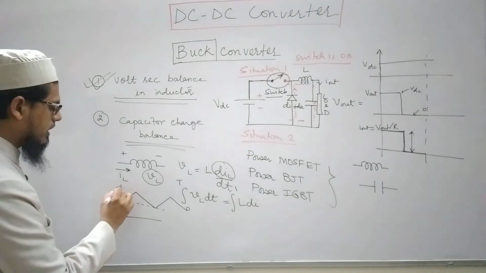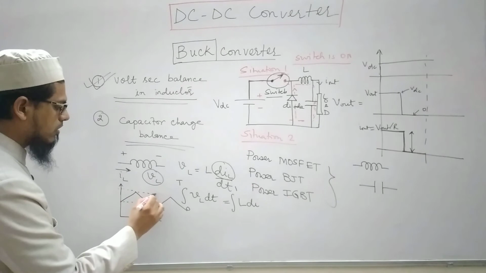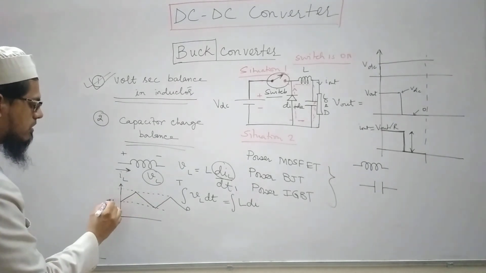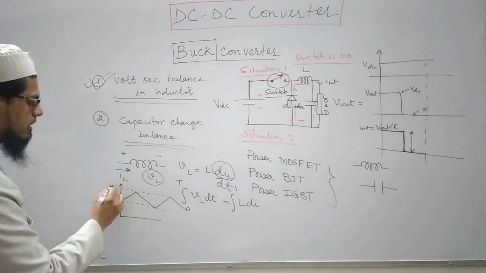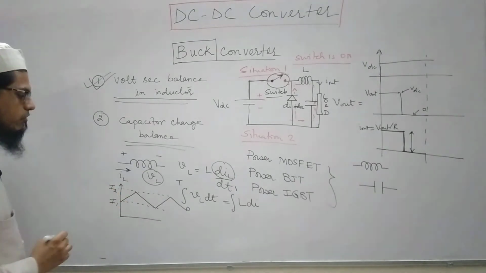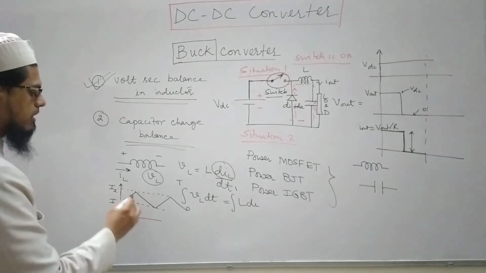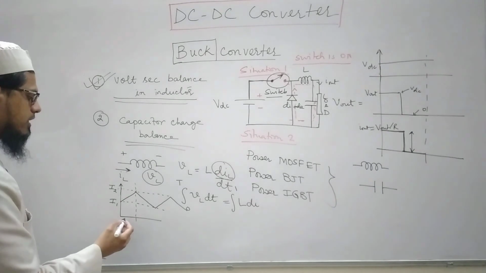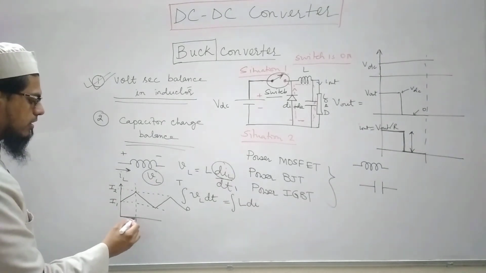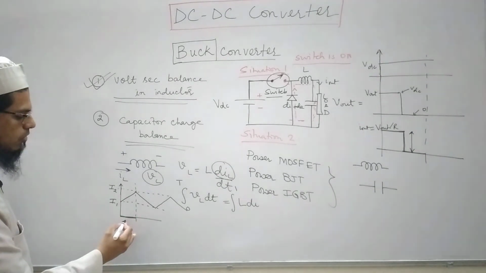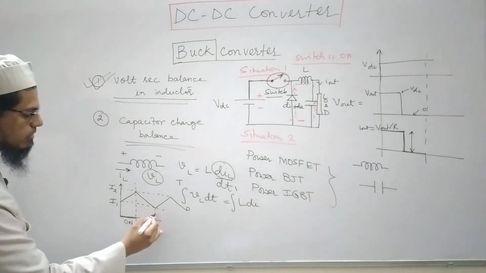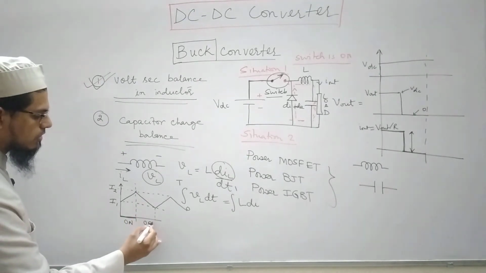So it would be periodic. It would start from some value I1 and reach a maximum value of I2, and then again fall back. This is the situation when the switch is on, and this is the situation when the switch is off.